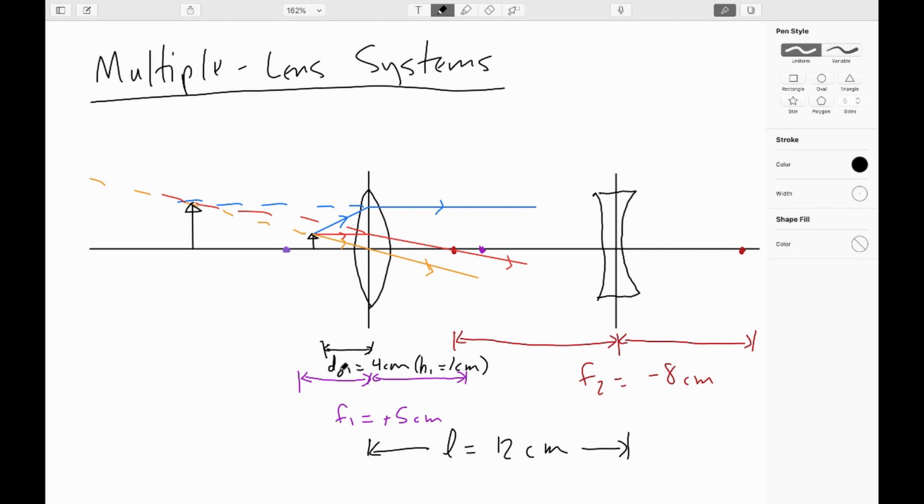There we go. And our lenses here are 12 centimeters apart. So we'll do the paraxial ray again.